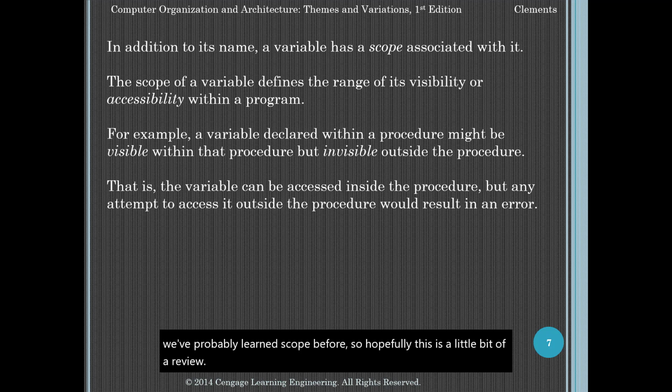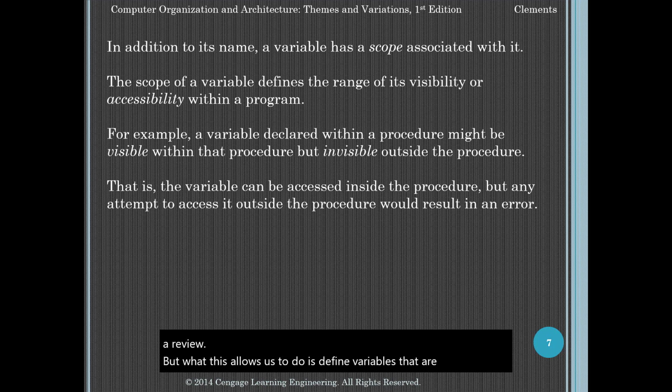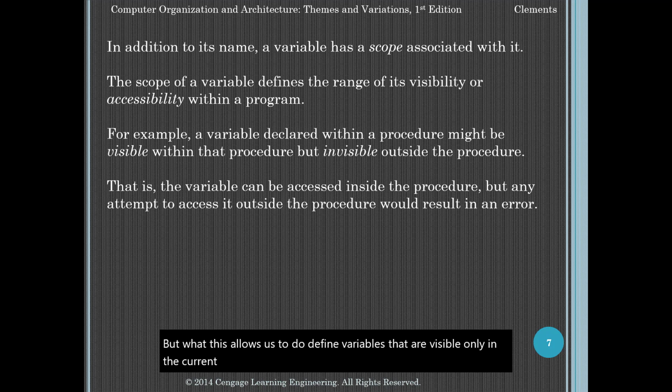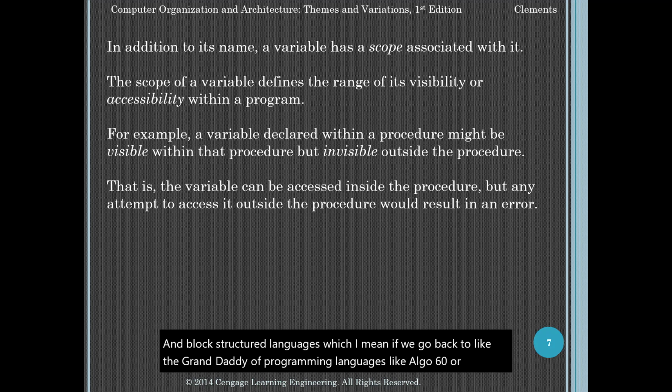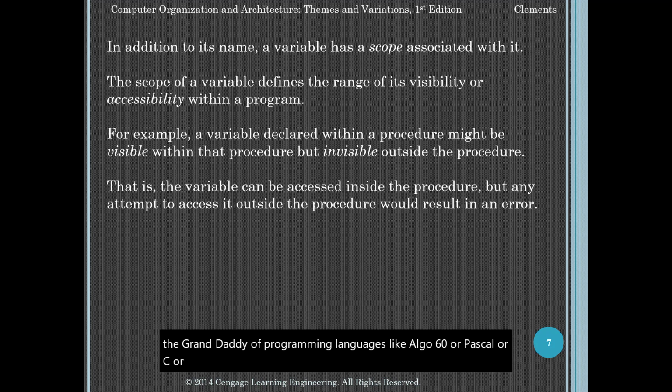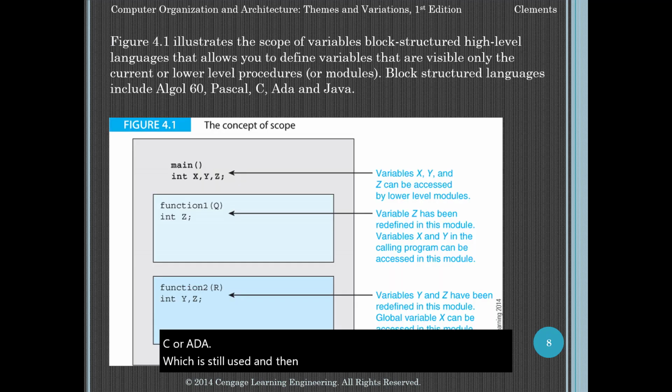But what this allows us to do is define variables that are visible only in the current or lower level procedures, sometimes called modules, in block structured languages. If we go back to the granddaddy of programming languages like Algol 60 or Pascal or C or Ada, which is still used, and then Java, we still have carried this concept of scope.